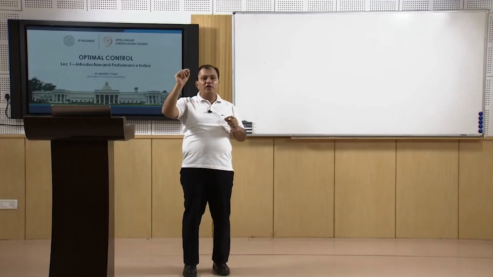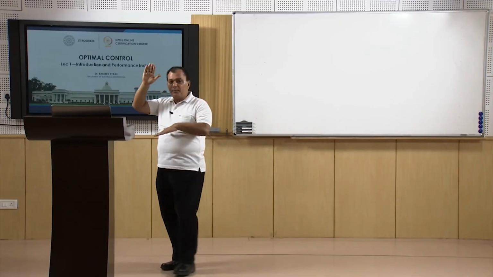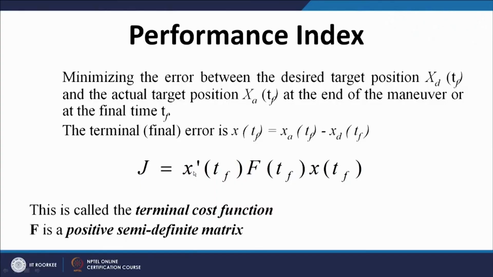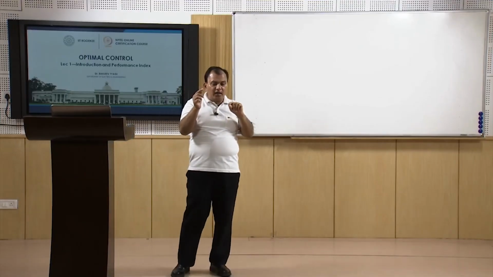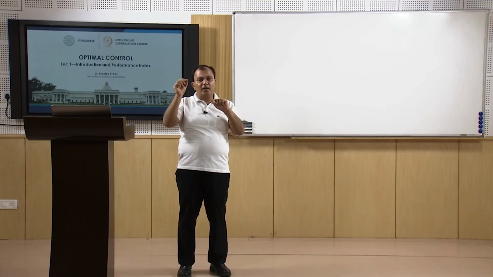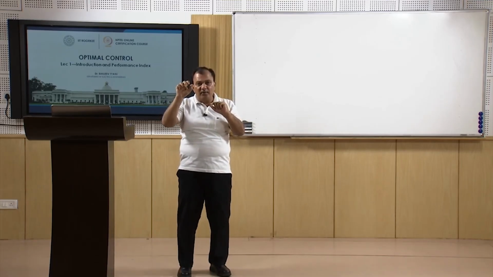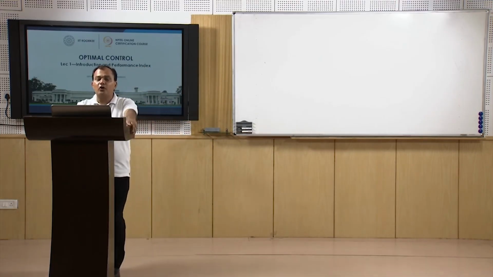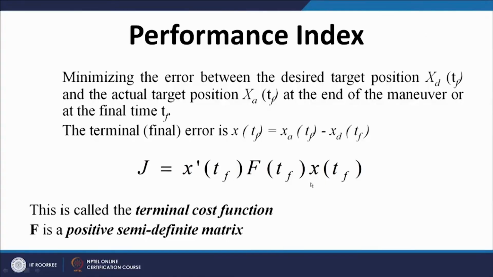When I am reaching the terminal, I am trying to minimize the error, because x we have defined as the error. It means after completing the interval t0 to tf, I am reaching tf, and after reaching, my objective is to minimize this terminal error. So, that will be my terminal cost I can define. So, J I can take as x prime F x of tf.